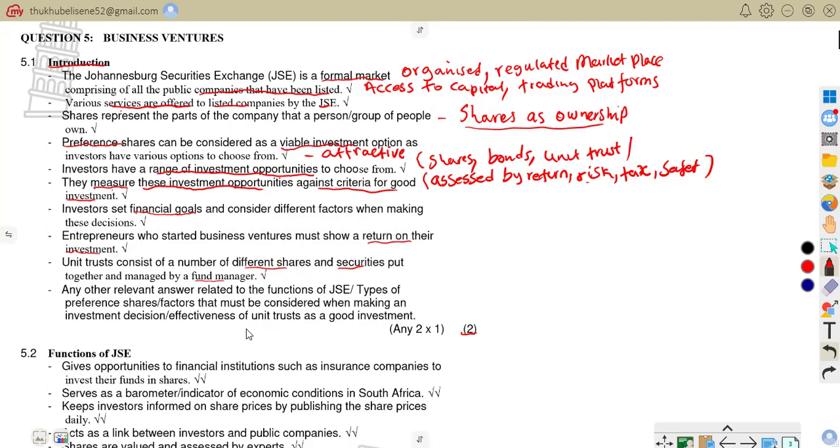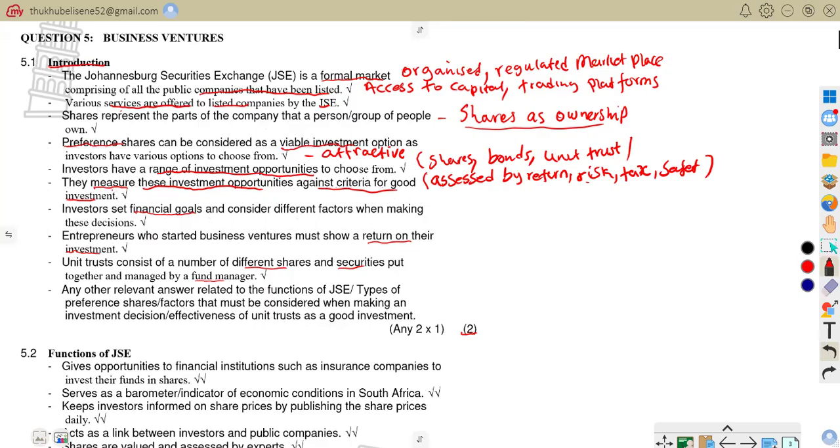So this is how you can give out the introduction. You can choose one of these points that we have just talked about, and that will earn you 2 marks.